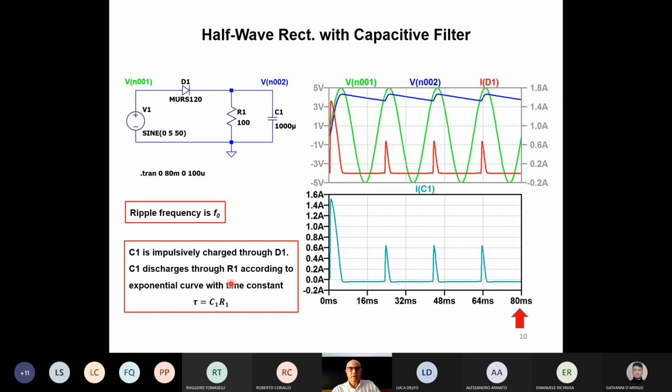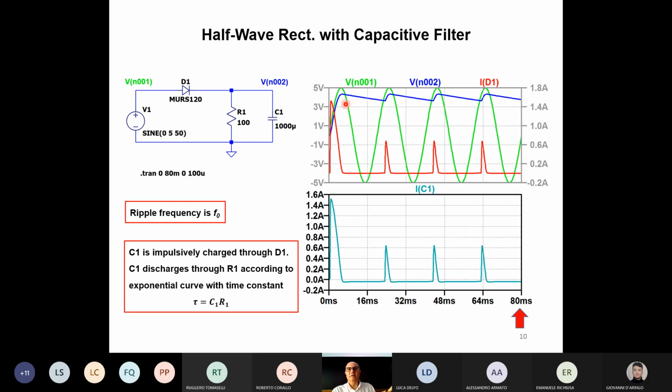Everything is written here. In this case, just because we are going to move to the next picture, I pointed out that, again, the ripple frequency is the same as F0, the frequency of the input. This is a half-wave rectifier.